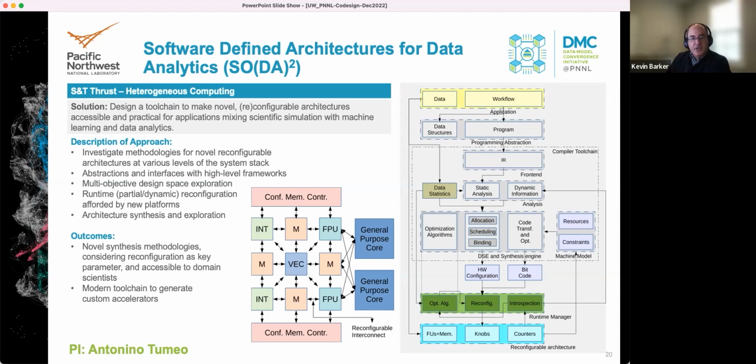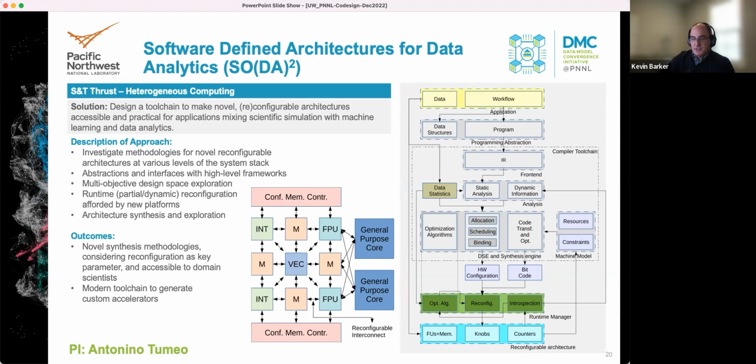We've also used SOTA outside of DMC, so it also has traction in the community and is gaining traction. We've used it with other external sponsors, including DARPA and the other Department of Energy sponsors.